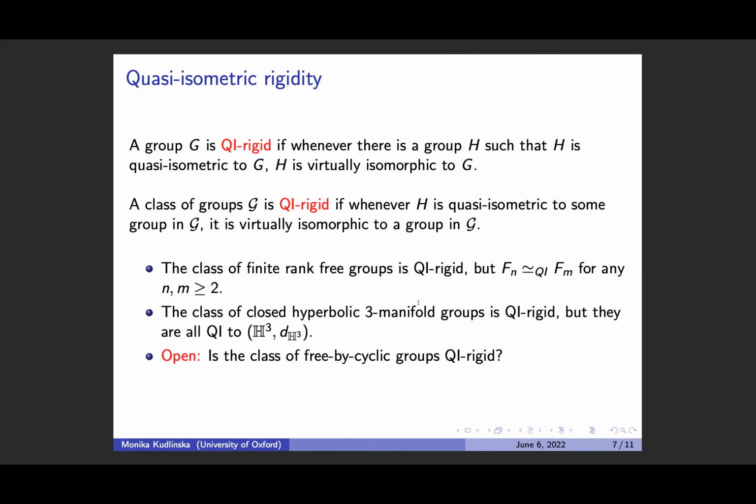This is all the fundamental groups of hyperbolic three-manifolds, closed hyperbolic three-manifolds. No, that any group that is quasi-isometric to some closed hyperbolic three-manifold group is actually virtually a closed hyperbolic three-manifold group.